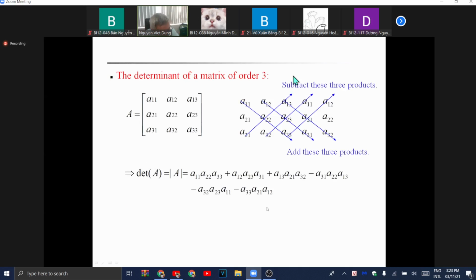In the class last Saturday, we had several examples to compute determinant. And here, I just tell you one practical way to find the determinant of any matrix of order 3. And it is here. Very easy, but however, not so easy, but it is very practical for you to remember when you try to find the determinant of any matrix of order 3.